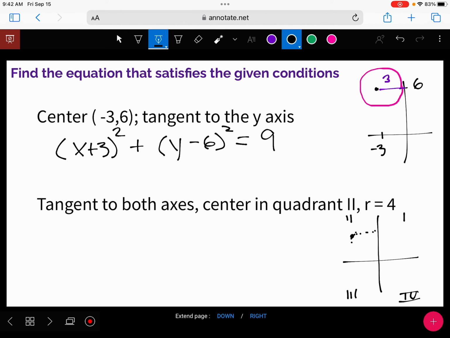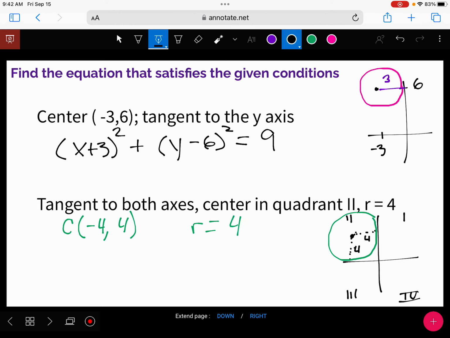So it means here, and that's not even close to straight. They are both 4 because it is tangent to both axes. So what is our center? What's our radius? 4.